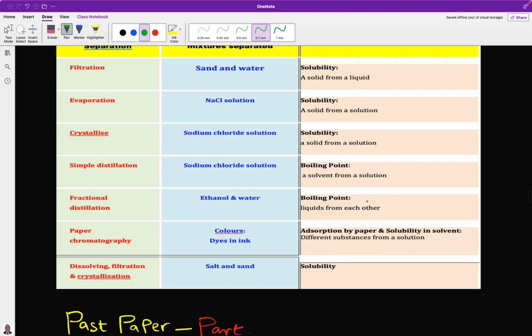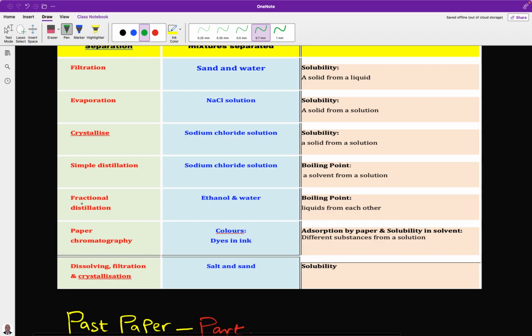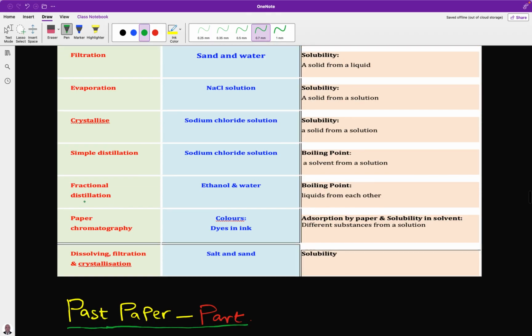The boiling point of ethanol is 78 degrees Celsius and water is 100. So we will use it to separate the liquids from each other, and that is fractional distillation.